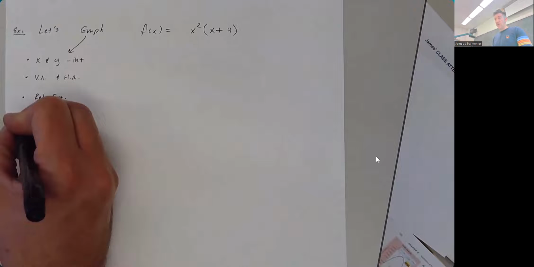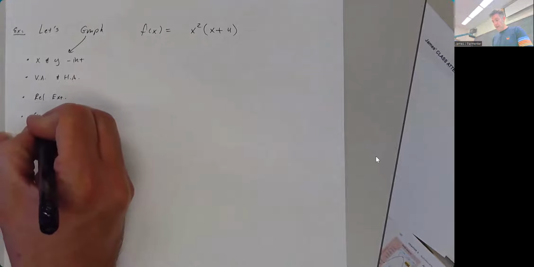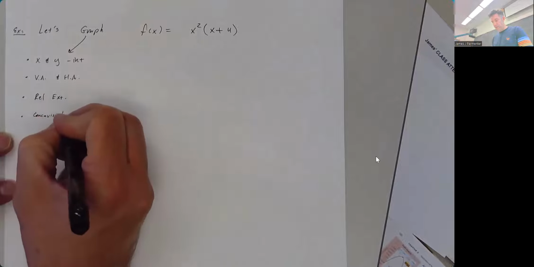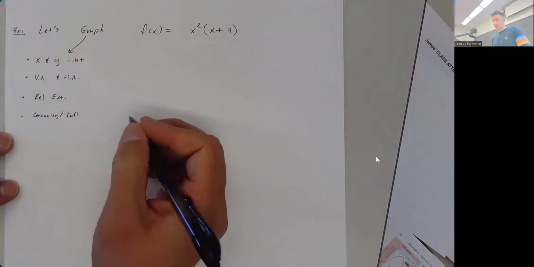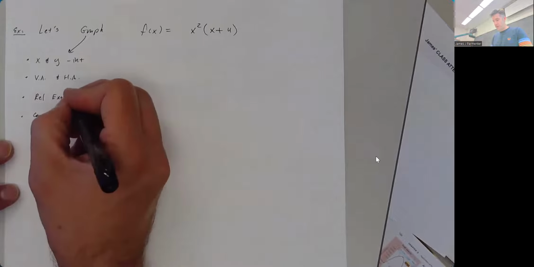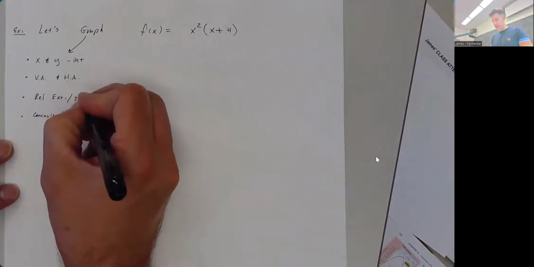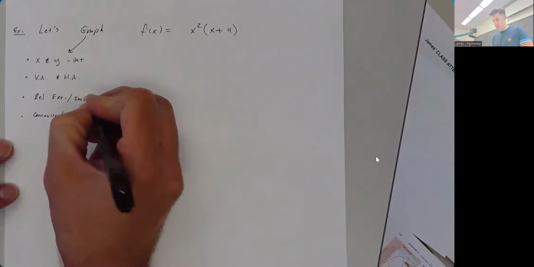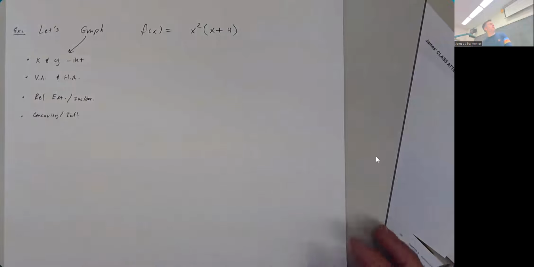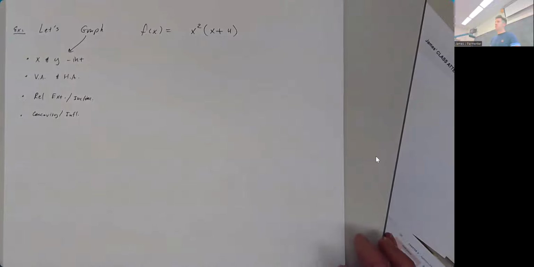And then the second derivative stuff, which is the concavity and the inflection points. I know we haven't talked about that yet. We're about to talk about it. I should say relative extrema and the increasing, decreasing. Those are, to me, a pretty exhaustive list.